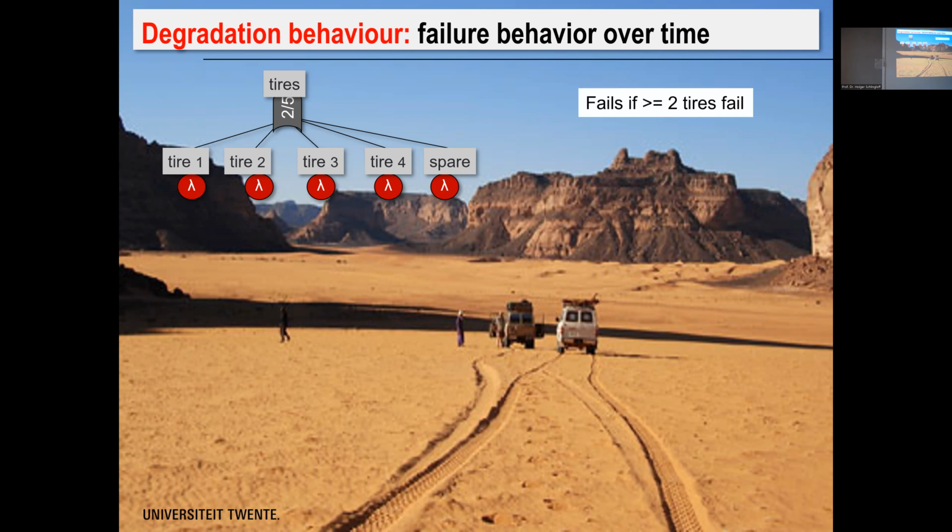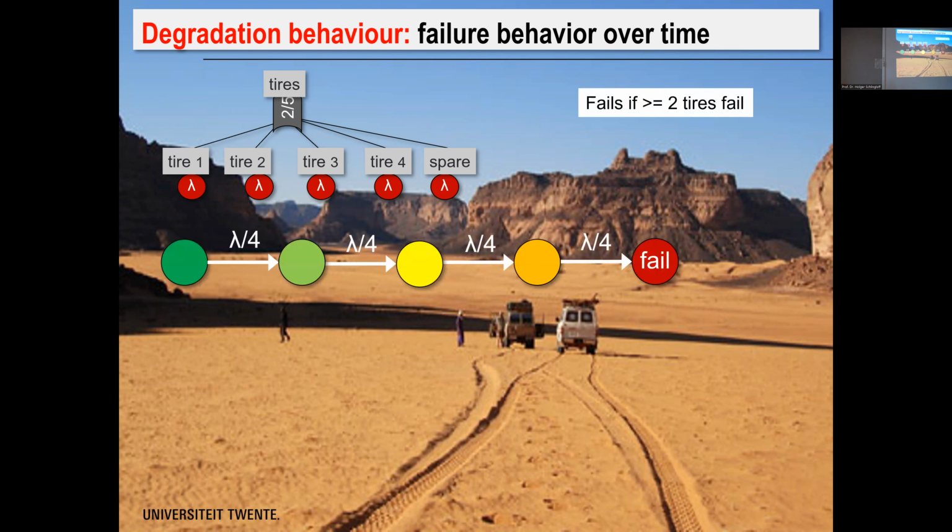What you can do is, for instance, say this subsystem fails if more than two tires fail. So rather than saying a tire is either operational or failed, you can use degradation levels. Here your system is perfect. Here it has failed, but in between you have some degradation levels.